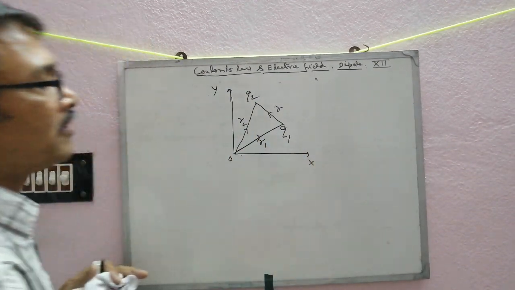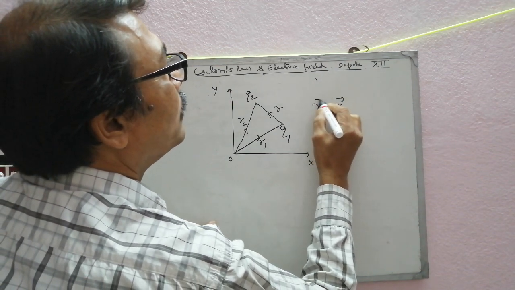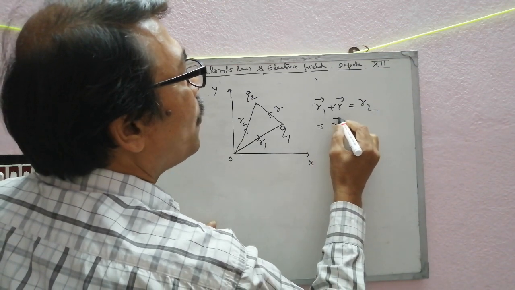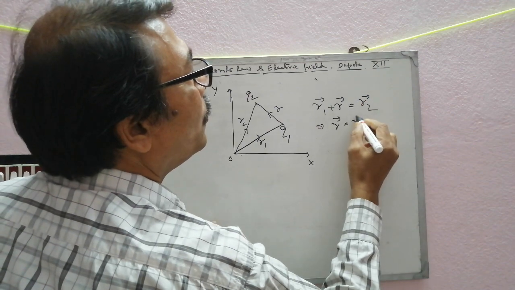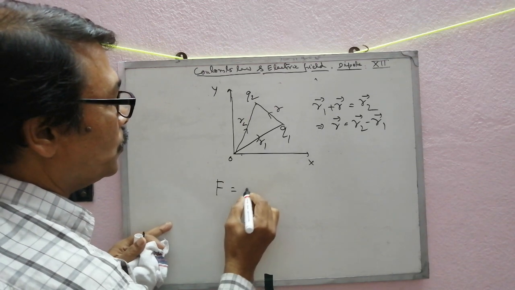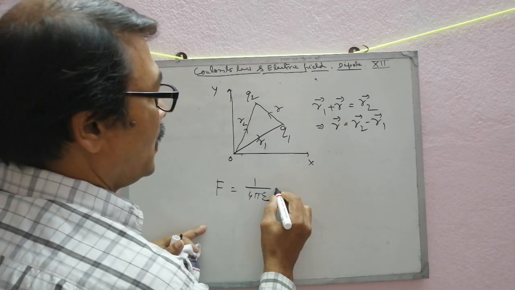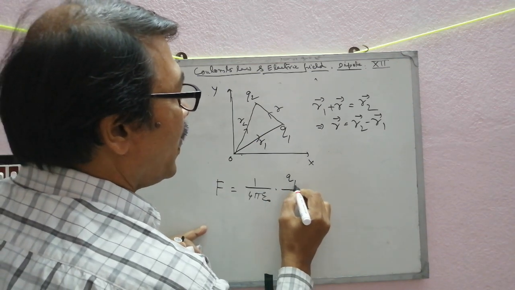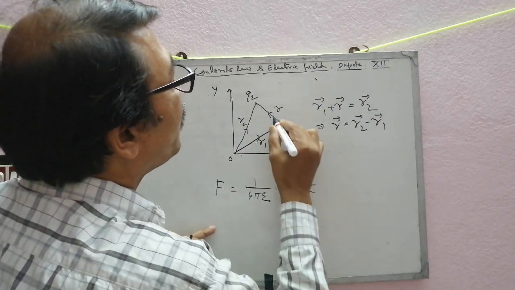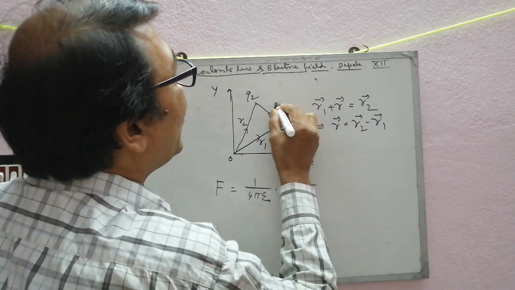According to the triangular law of vectors, R1 plus R equals R2, that is, R equals R2 minus R1. From Coulomb's law, F equals 1 by 4 pi epsilon naught into Q1 Q2 by R square, and this is R.